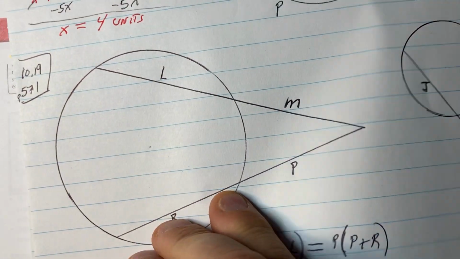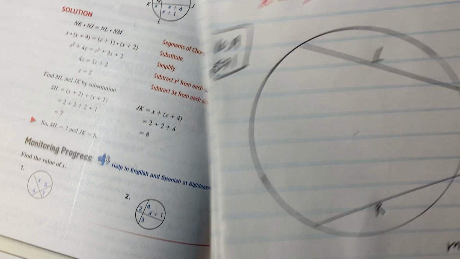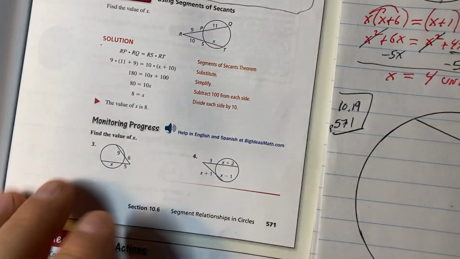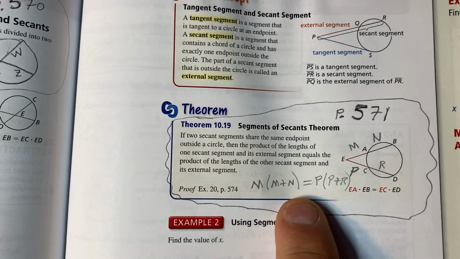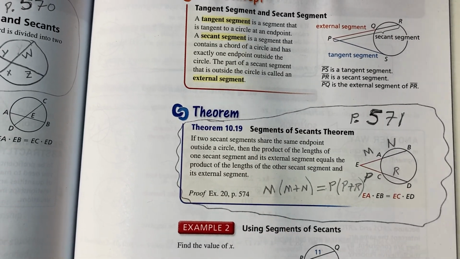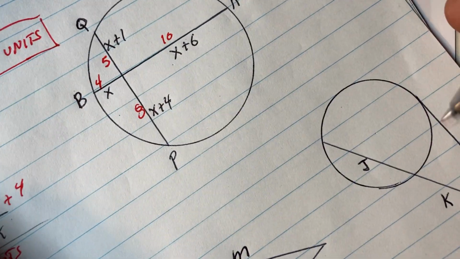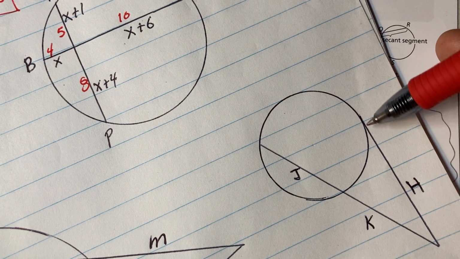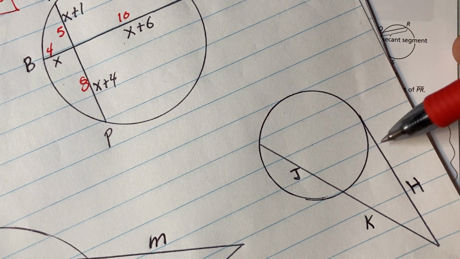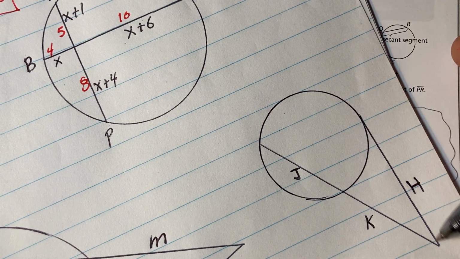Next one is on page 571. Let me get that in so that you can see it. So this is a tangent, and that's a secant. This is a tangent segment.